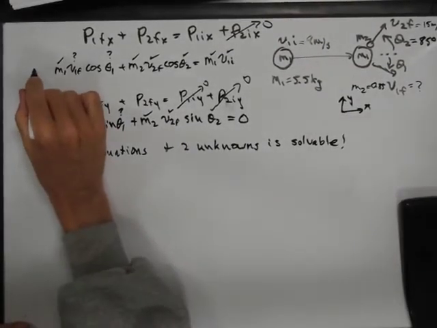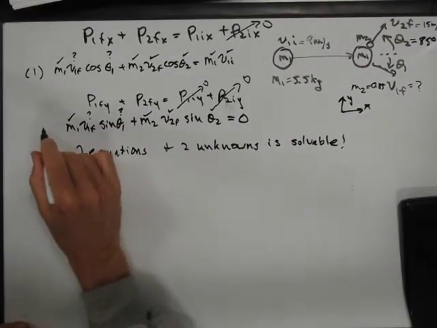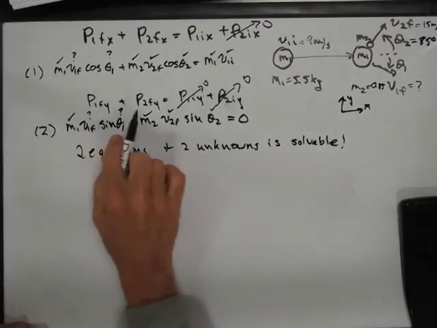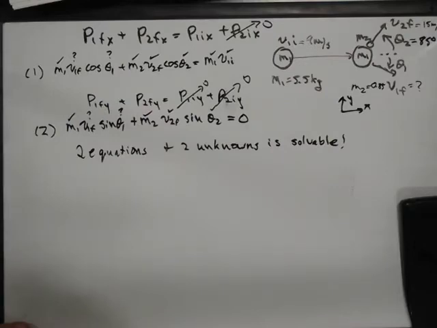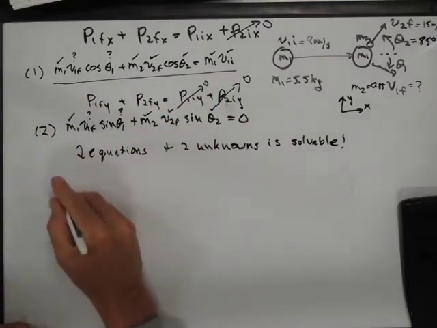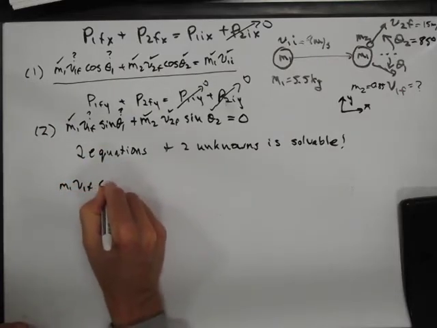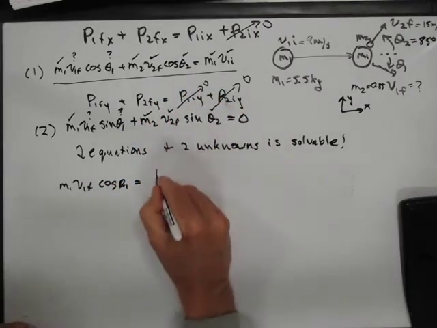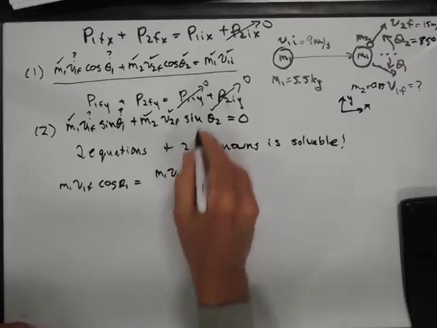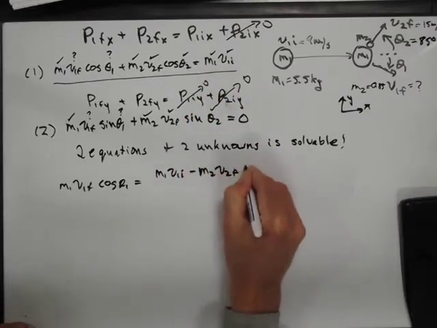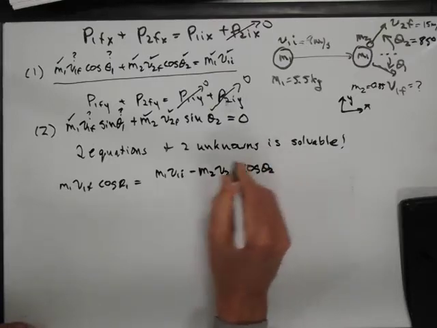So let's number these equations 1 and 2. And we're going to take this on from a purely mathematical standpoint. These are the two variables we don't know, theta 1 and V1 final. And so I'm going to start with this equation, and I'm going to solve for those variables. I'm going to say m1 V1 final cosine theta 1 is equal to, and I'm just going to move that to the other side, so I'll have m1 V1 initial minus m2 V2 final cosine theta 2, right?